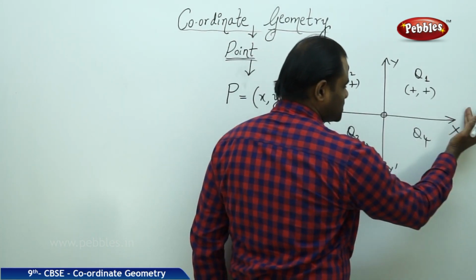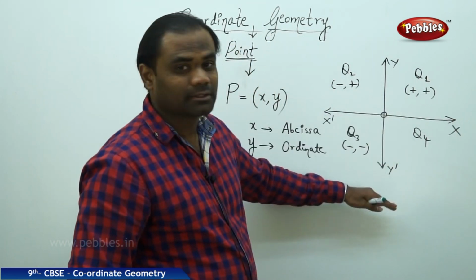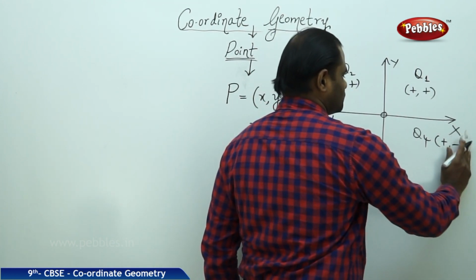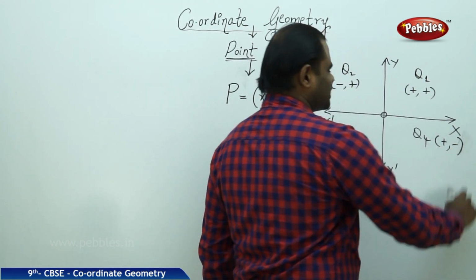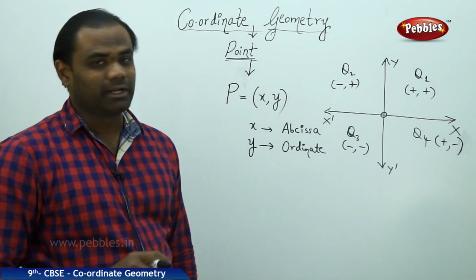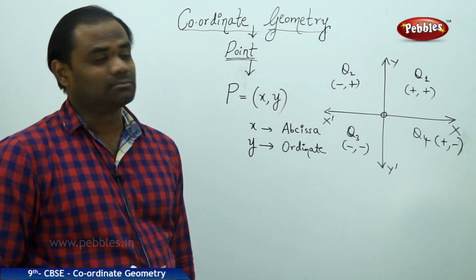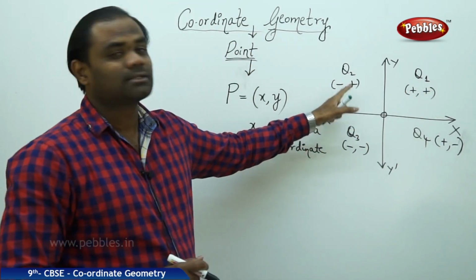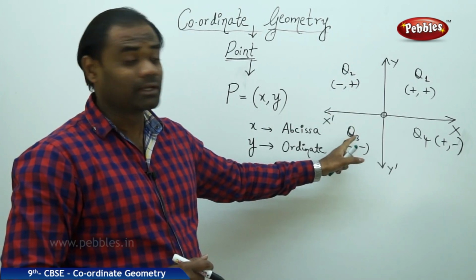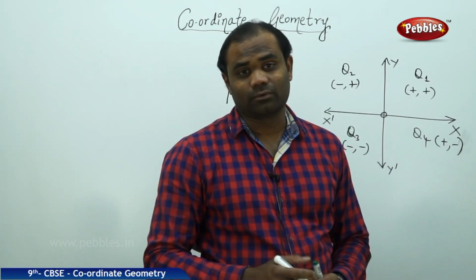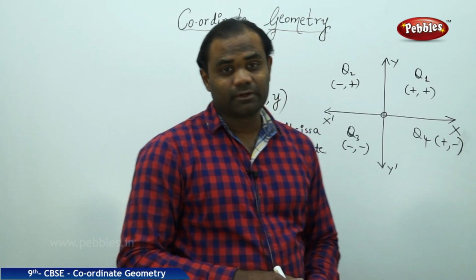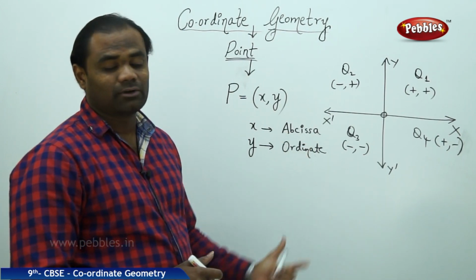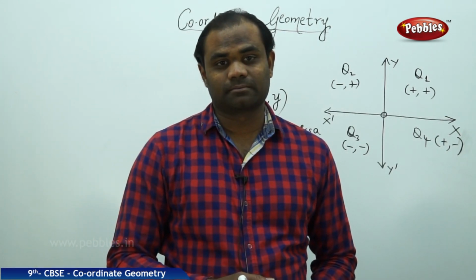In the fourth quadrant, abscissa is positive and the ordinate is negative. This is how I understand the abscissa and the ordinates which define the coordinate system with the respective signs: plus plus for Q1, minus plus for Q2, minus minus for Q3 and plus minus for Q4. This is how we understand the different terminologies, the x coordinate called abscissa and the y coordinate called ordinate.